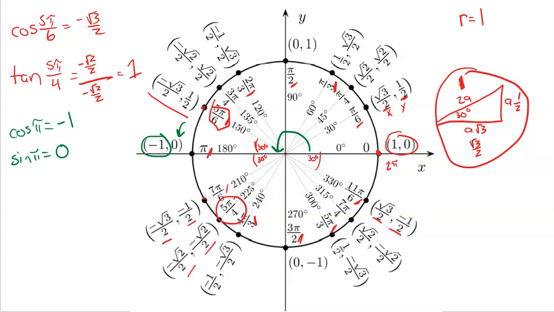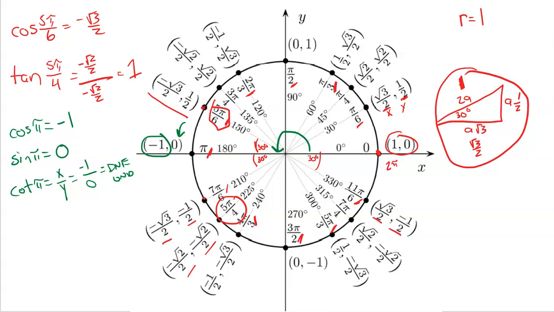So simple. Now, be careful, though, on problems like this because, for example, if I ask you, hey, what's cotangent of pi? Well, by definition, please remember, cotangent is x divided by y. So if I do x negative 1 divided by y 0, I actually get does not exist. This is UND, undefined.